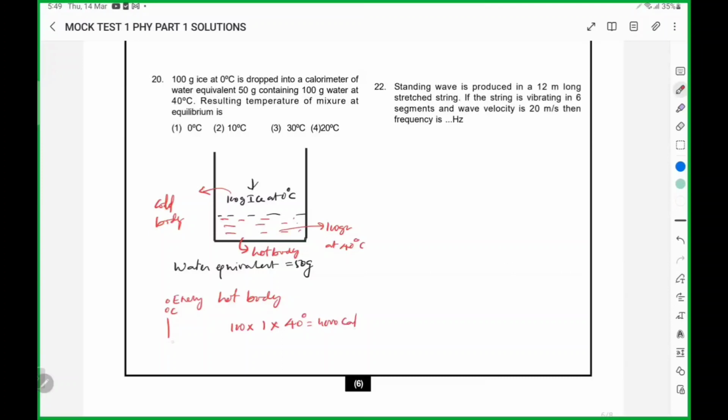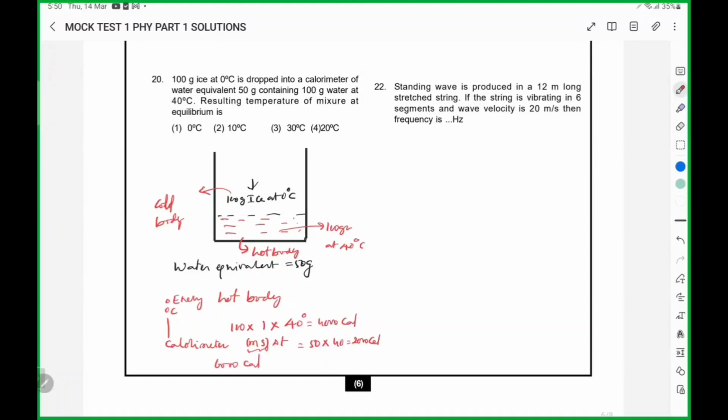About the calorimeter, again m s delta T, its water equivalent is 50 grams, delta T is 40, that is 2,000 calories.